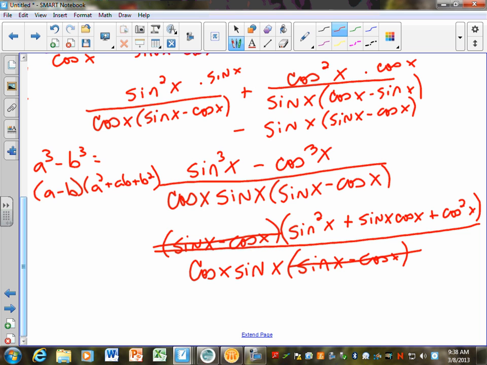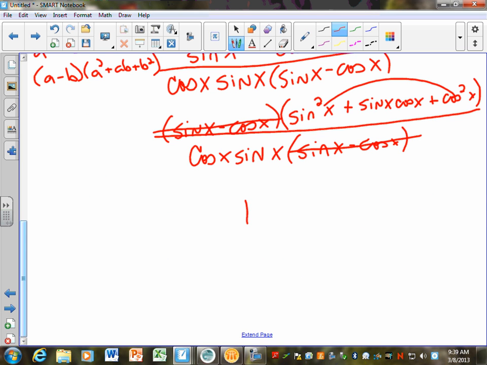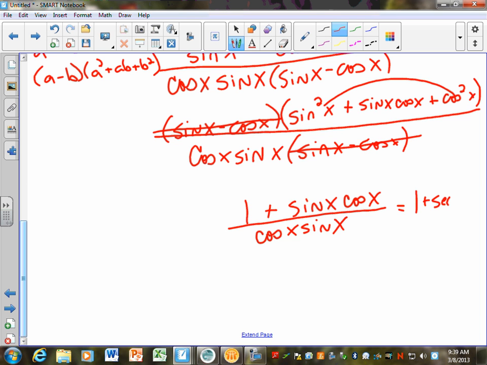Yeah, on the top of what's left, sine squared x plus cosine squared x equals 1. So not only can I cancel that out, but I can put those together, and I can get 1 plus sine of x cosine of x over cosine of x sine of x. And I'm going to put back what this equals now, since we're getting close. We're trying to get 1 plus secant x cosecant x is what we're working towards.